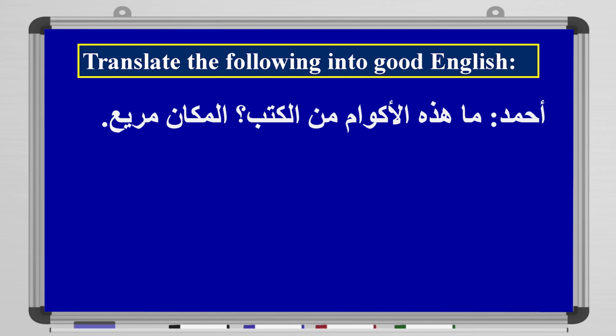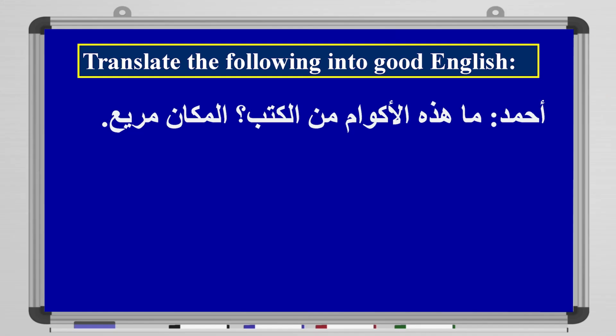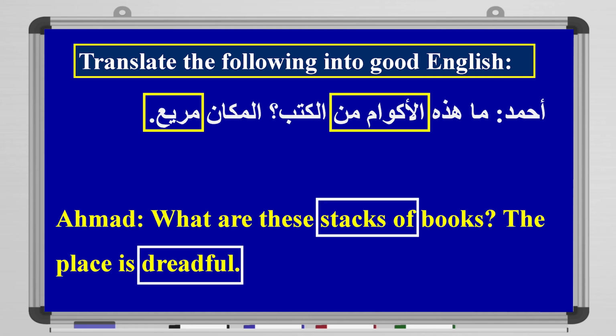Now, how do I translate this sentence? I will read it, understand the meaning, and then look for keywords. Look for keywords in this sentence. For example, the words for "stacks" and "dreadful." Those two words will make a difference. Ahmed, what are these stacks of books?